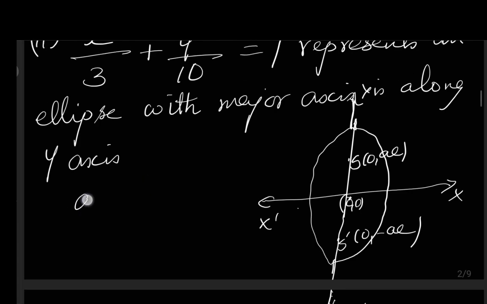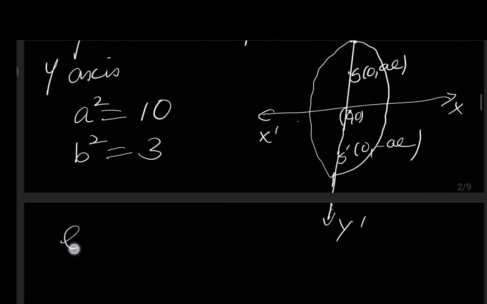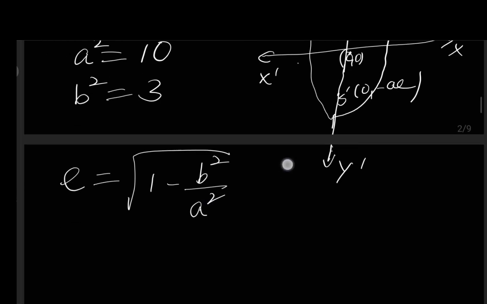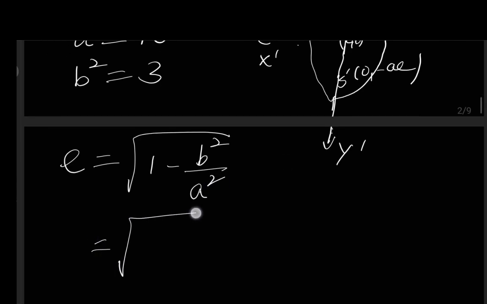So, we always take the greater value as a squared, 10, and b squared is equal to 3. We need to find E. What is E? E is equal to square root of 1 minus b square by a squared. So, that is square root of 1 minus 3 by 10. So, take LCM: 10 minus 3 is 7. 7 by 10.